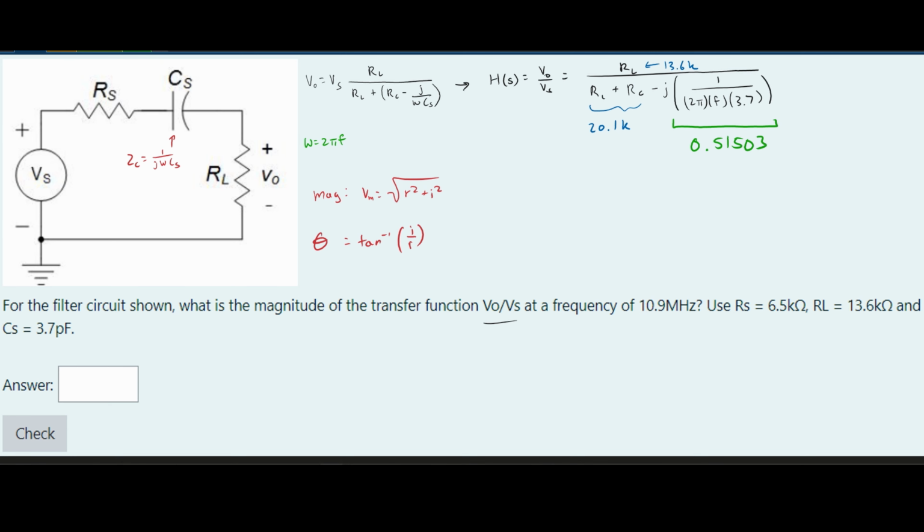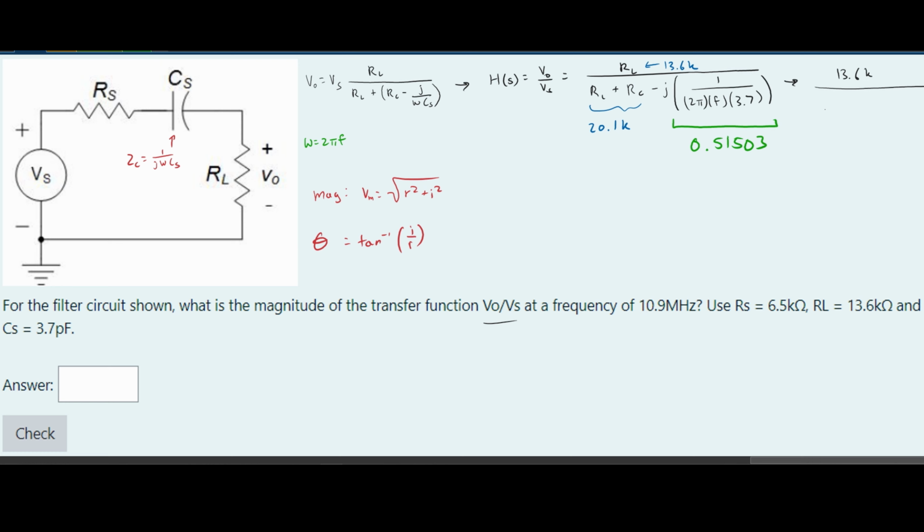We're looking for the magnitude, not the angle. So this top one is just going to be 13.6 kilo ohms, and that's because we don't have some other value right here. If you plug it into a calculator, you can see that.